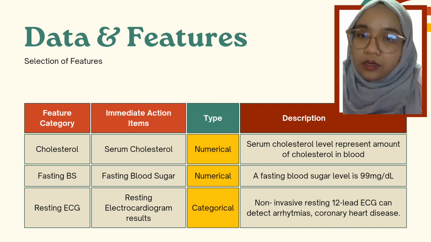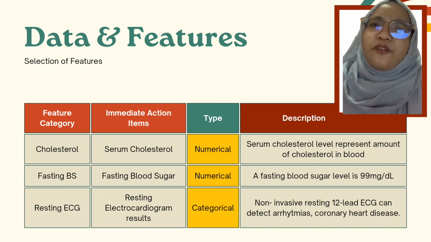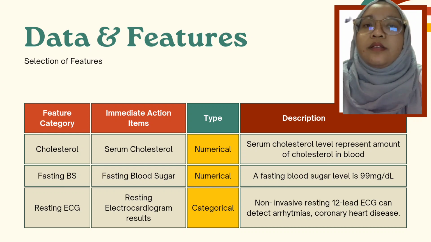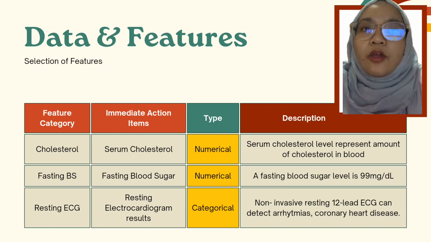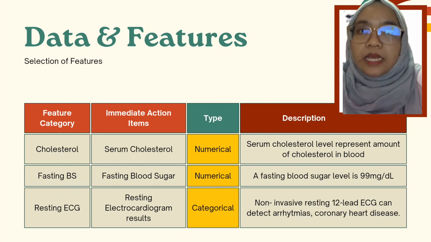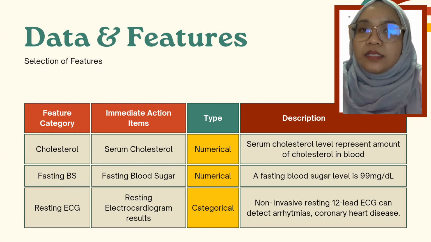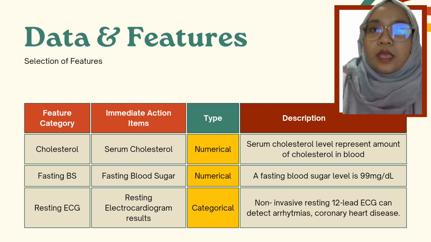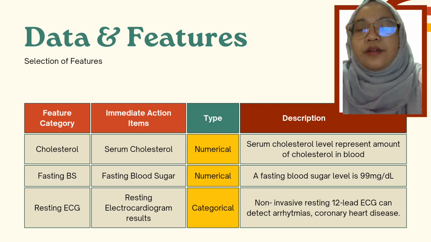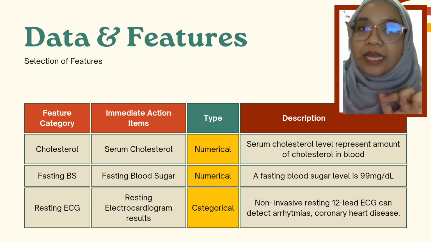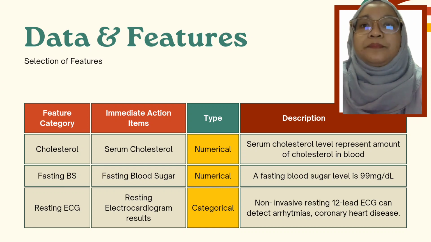Next, cholesterol, which is serum cholesterol, and the type is numerical. The description is that serum cholesterol level represents the amount of cholesterol in blood. Next, fasting BS is for fasting blood sugar, the type is numerical, and the description is that fasting blood sugar level is 99 mg per dl.